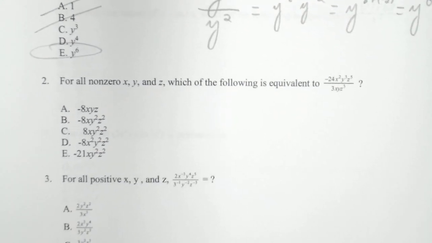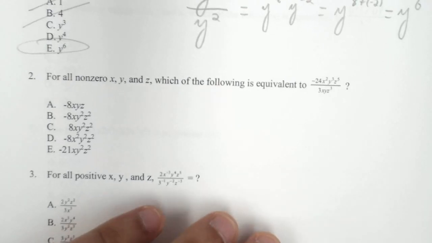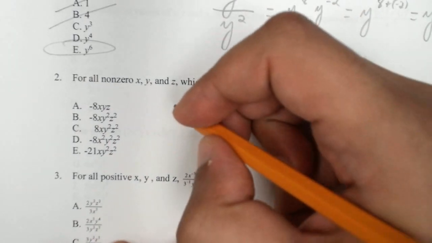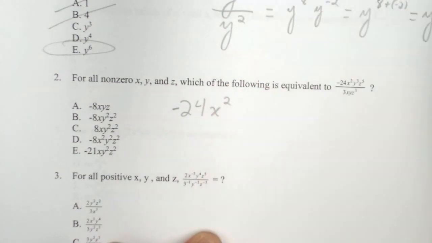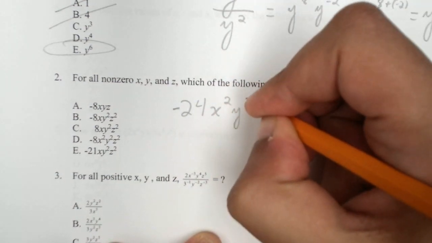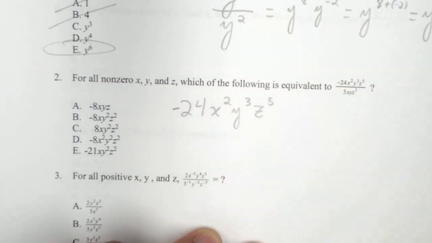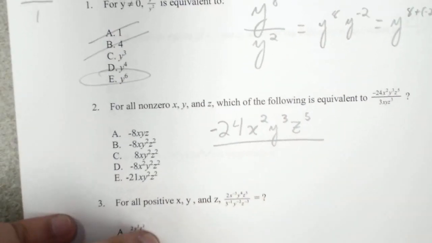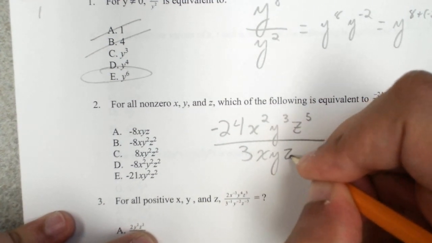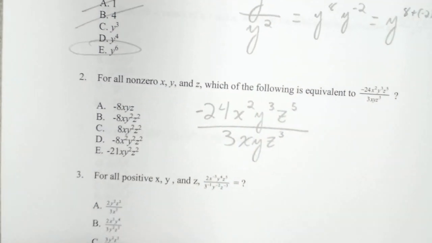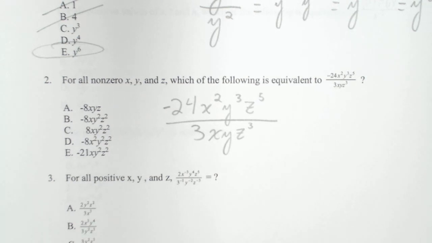All right, number 2. For all non-zero x, y, and z, which of the following is equivalent to, again, I'll write it out a little bigger for you, -24 x squared y cubed z to the 5th over 3 x y z cubed.